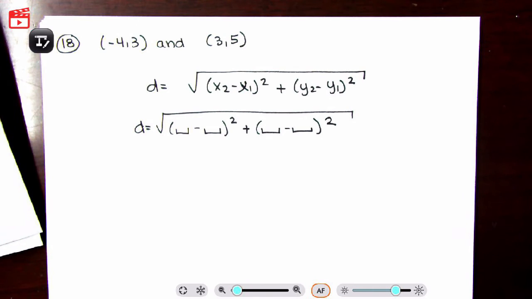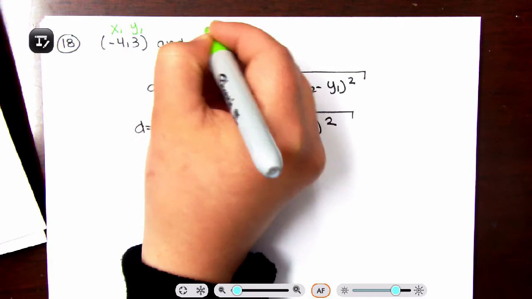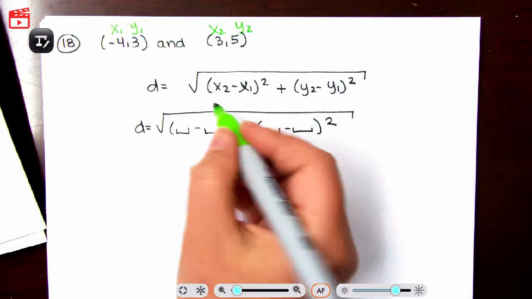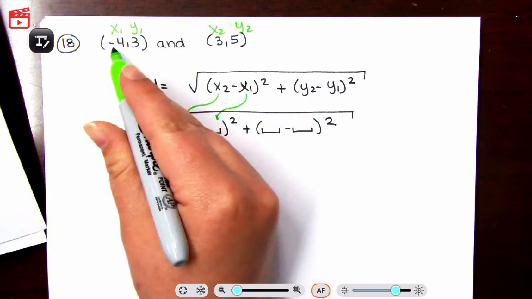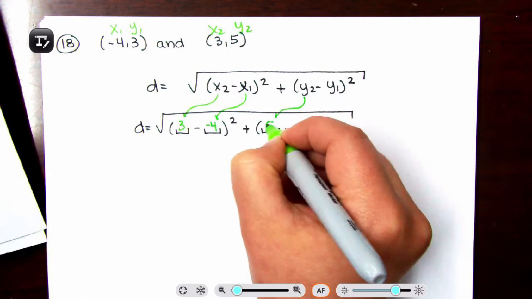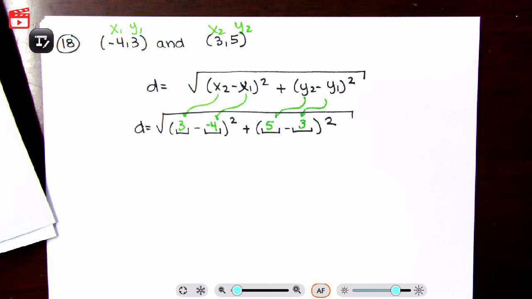Write in your numbers. Oh, we didn't label our numbers. Let's label our numbers. x1, y1, x2, y2. So we have x2, which is 3, x1, which is -4, y2, which is 5, y1, which is 3.